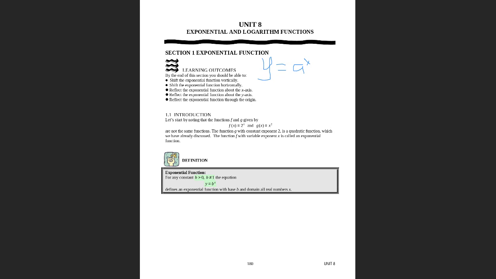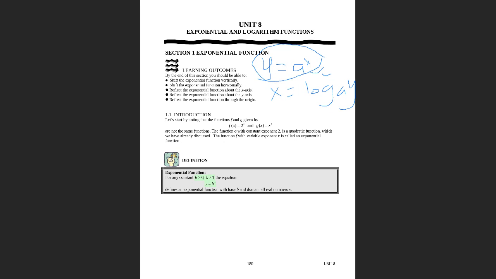This exponential function can be translated into a logarithmic function where we go in the opposite direction: x equals log a y. So in effect, this and that are the same.